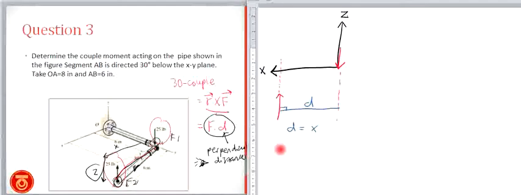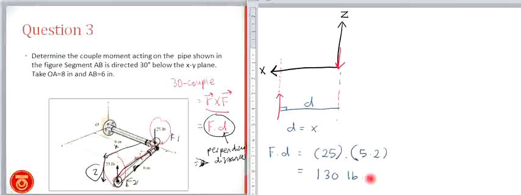So the value of F dot D equals 25 multiplied by 5.2, so it's the same. So you will get 130.